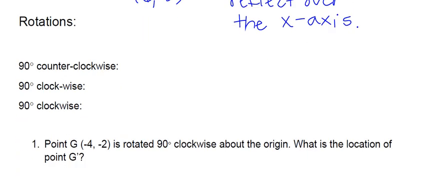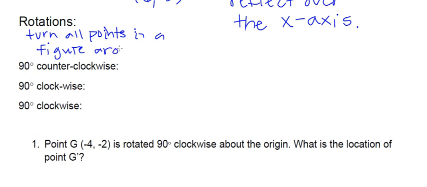All right, so rotations are the last type of congruence transformation, the last type of transformation where the figure stays exactly the same size. And what rotations do is they turn all points in a figure around a center of dilation.